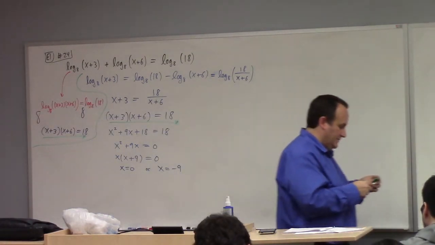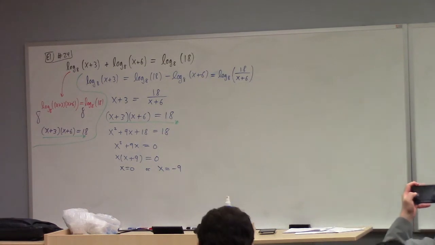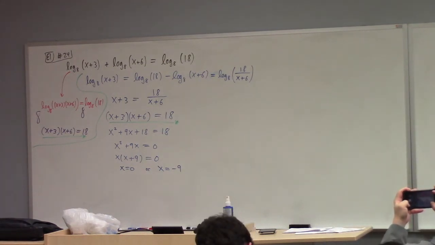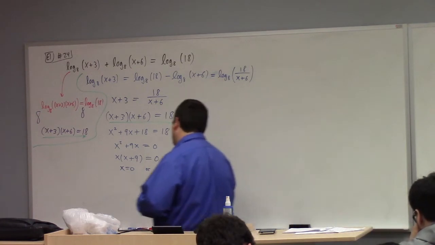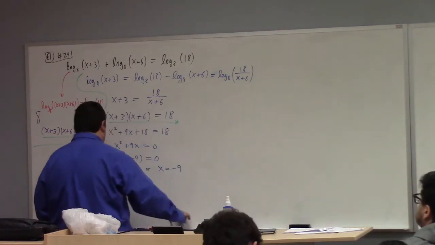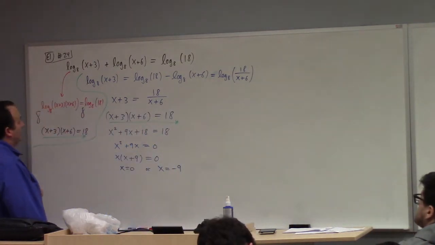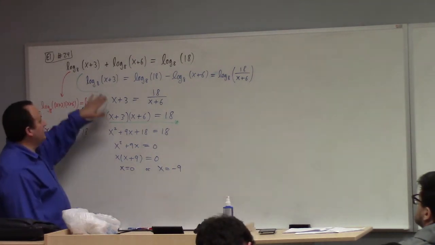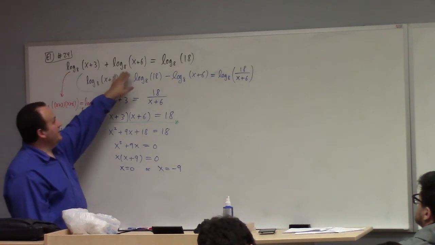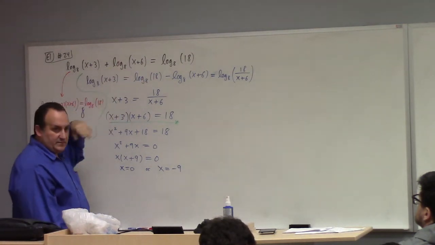Now the question is, do I actually have two solutions to this problem? I did the math here and I found x equals 0 or x equals minus 9. Let's judge those solutions, right? So x equals 0, that's okay, because if I plug it back into the initial equation, I got log of 3, I got log of 6. Those are fine, right?